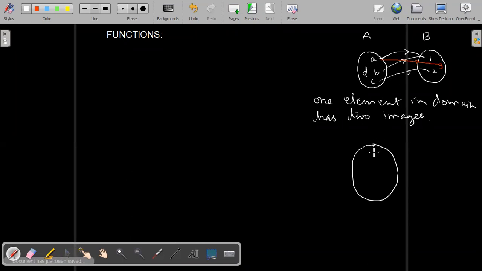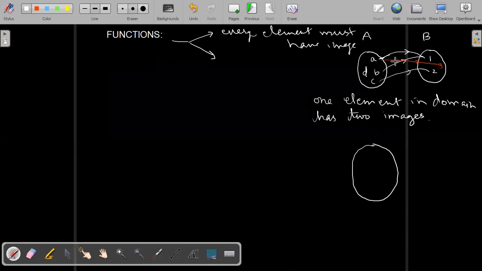But in a function, first of all, every element must have an image, and a unique image. There are two things in a function we have to remember. Number one, every element must have an image in B. Here, if D is not there, every element will have one, but A will have two images.